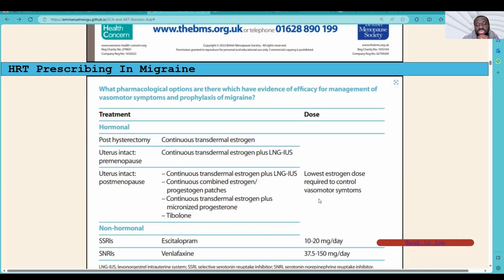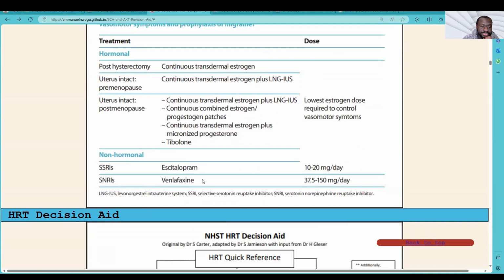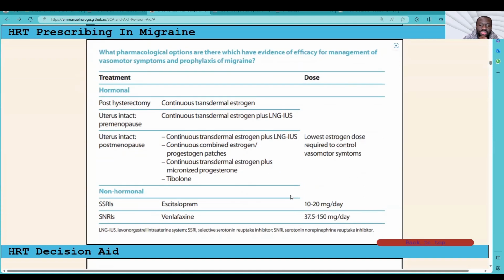Lowest estrogen dose required to control the symptoms. If it is an estrogen tablet, usually starting at 1 milligram. If it's the Evorel patch, usually starting at Evorel 50. If it's the pump, usually starting at 2 pumps per day. Then you can always titrate upwards if the symptoms are not yet fully controlled.